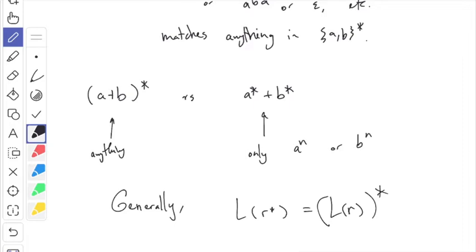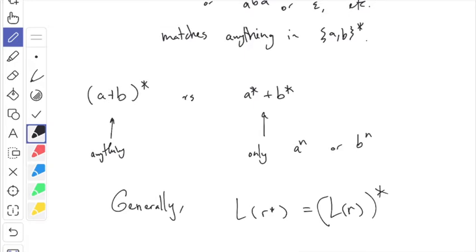All right? So this star operation has the same meaning as the star from set theory, which I remember had a funny name. I said it on the first day of class, and I've never said it since then. The star is called the Kleene closure of the set. It has the same meaning as the star in regular expressions.